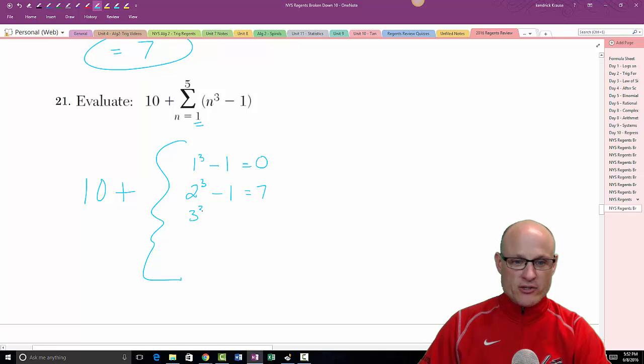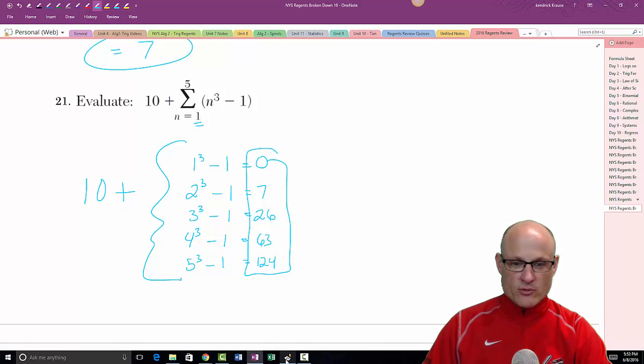Then it's 3 cubed minus 1. 3 cubed is 27. Minus 1 is 26. Then it's 4 cubed minus 1. 63. 5 cubed minus 1. 124. So if I add all this up, I don't know what that is.